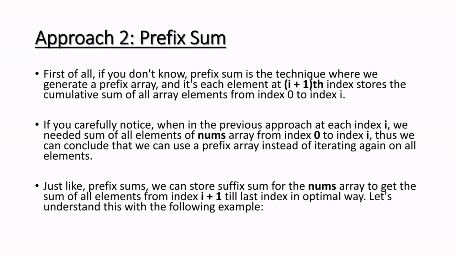Now we are taking another approach, that is the prefix sum. First of all, if you don't know, the prefix sum is a technique where we generate a prefix array, and its element at index I plus 1 stores the cumulative sum of all the elements from index 0 to index I. If you carefully notice, in the previous approach at index I, we need the sum of all the elements of the nums array from 0 to I, and thus we can conclude that we can use a prefix array instead of iterating again on all the elements.